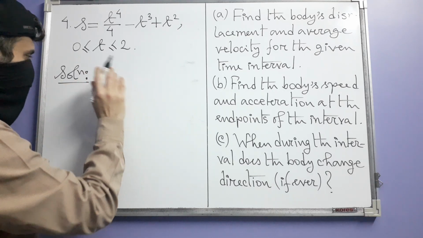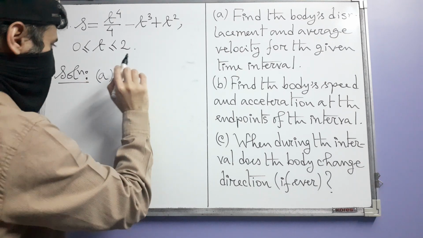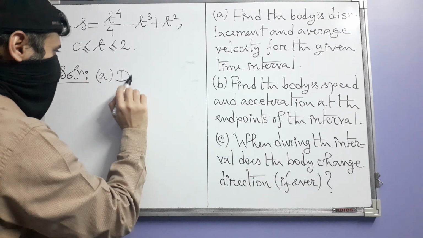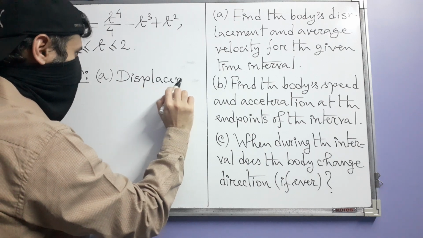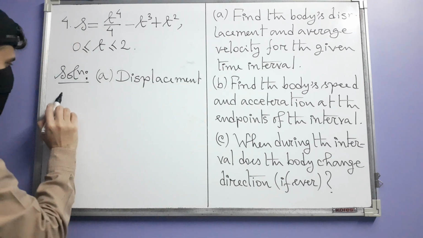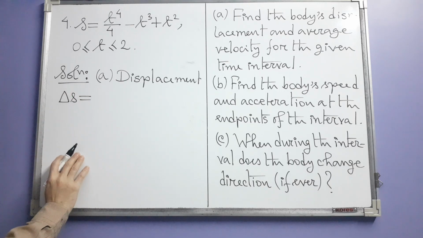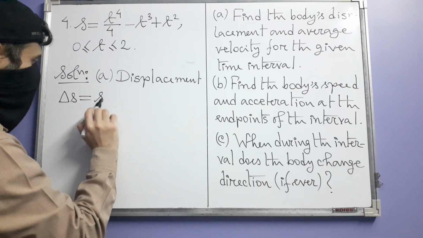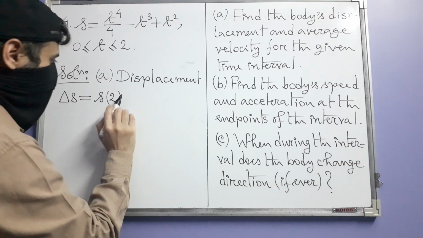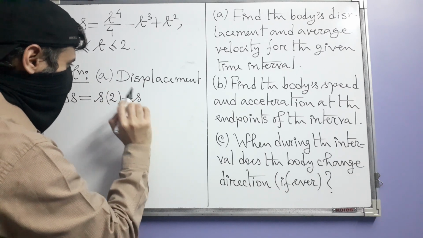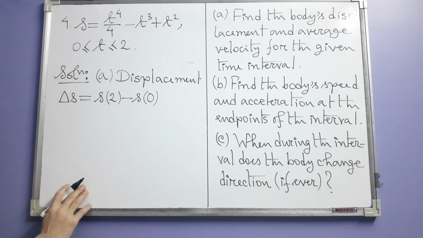Part A. Displacement, of course, is our delta s, which is the position at the final time, from which you subtract the position of the body at the initial time.